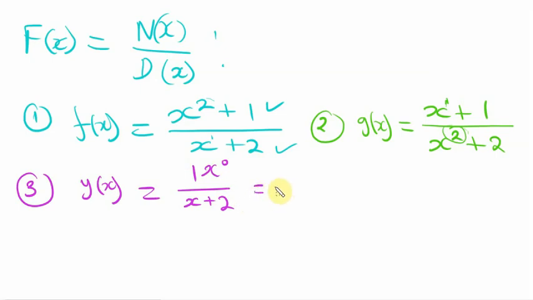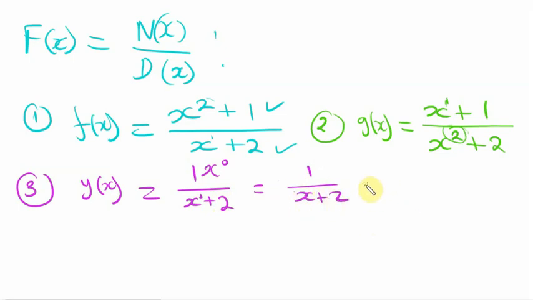So this is a ratio of two polynomials, whereby the numerator's order is lower than that of the denominator. The degree of the numerator is 0 and the degree of the denominator is 1. Therefore, we have a constant and a linear expression. So 1 over x plus 2.